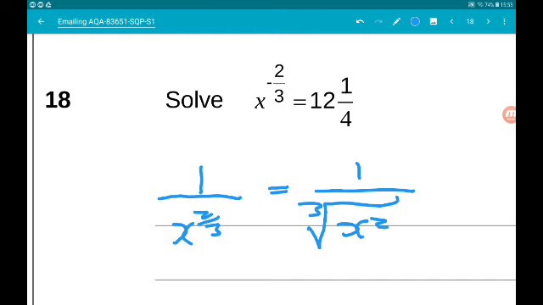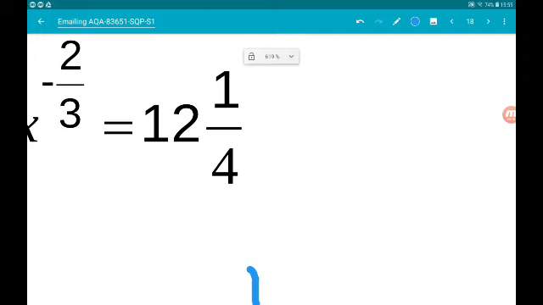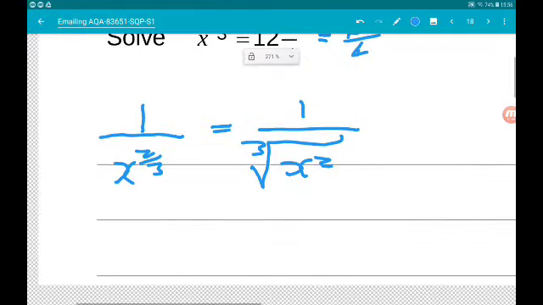Now 12 1/4 we're going to want to write as an improper fraction. So 12 1/4 is 4 times 12 add 1 over 4. 4 times 12 is 48 and 1 is 49. So we got 49 over 4.